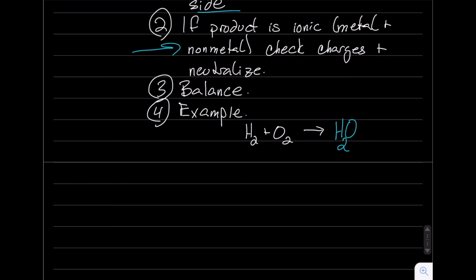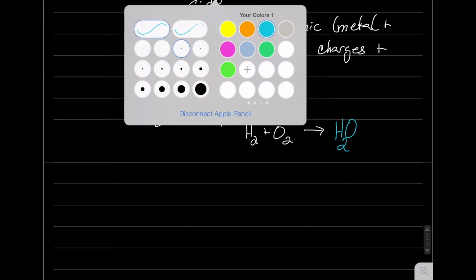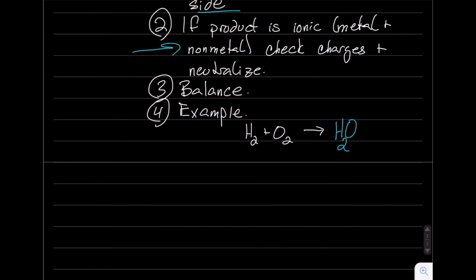Okay, so now the last step is to balance. So we make the list of atoms. We have H and O. We have 2 H's and 2 O's on the reactant side and 2 H's and 1 O on the product side. So at the moment our H's look good. We need to fix our O's because we have 2 on the reactant side and 1 on the product side.